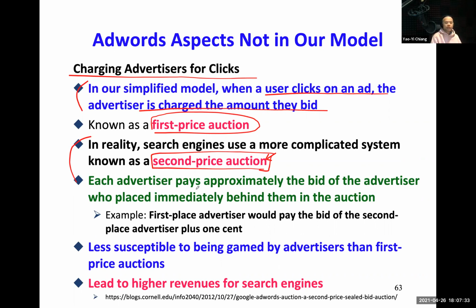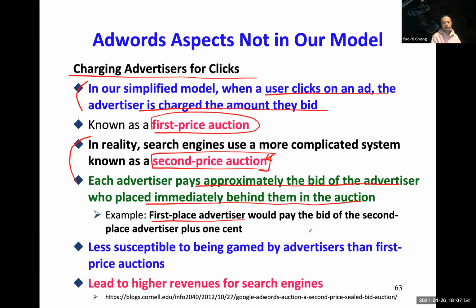This means each advertiser pays approximately the bid of the advertiser who placed immediately behind them in the auction. For example, for your first place advertiser, if you are the search engine, you're not going to charge the advertiser the amount they bid.